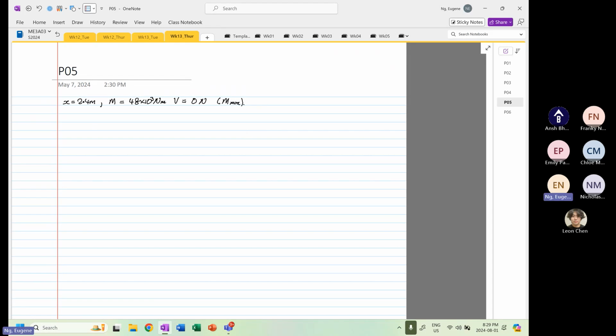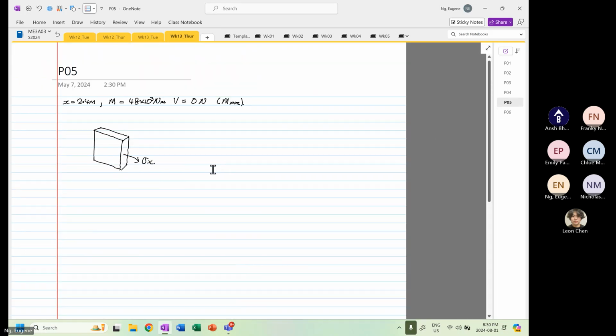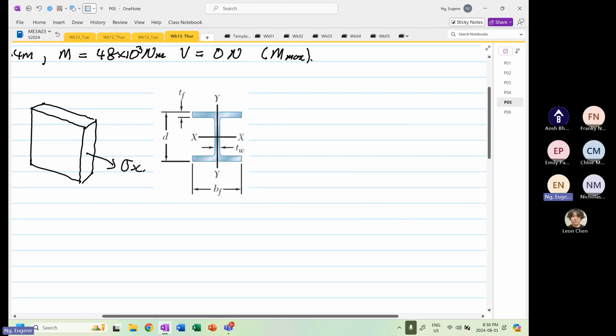So now our element is loaded in such a sense that it only has what? Stress X. So if it only has stress X, if I were to look at the I-beam, maximum stress will occur here.